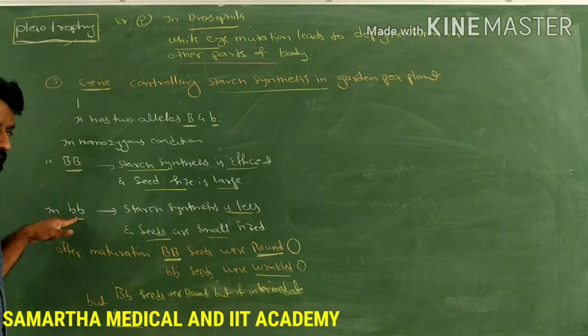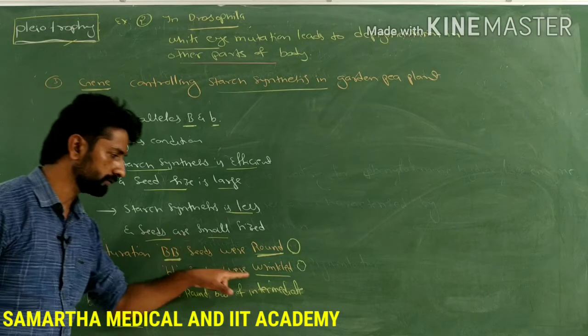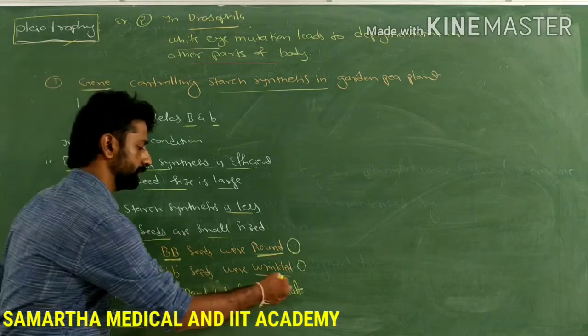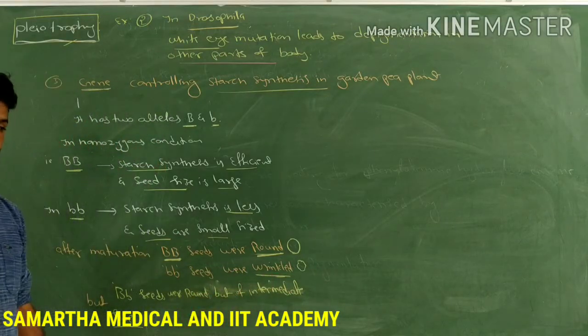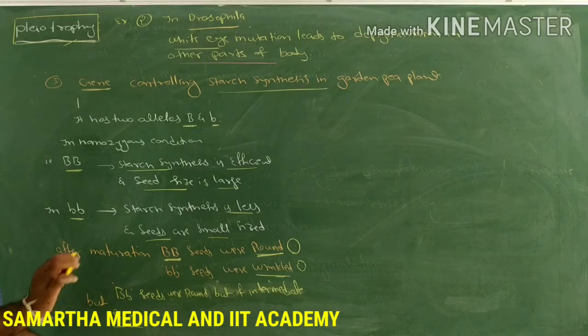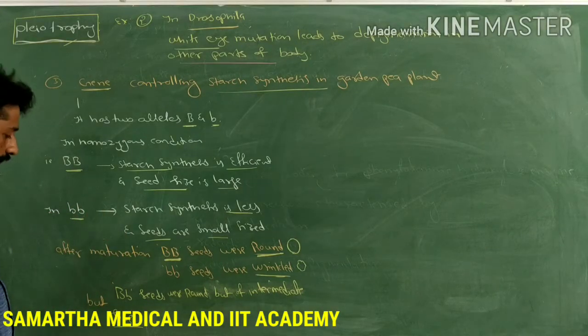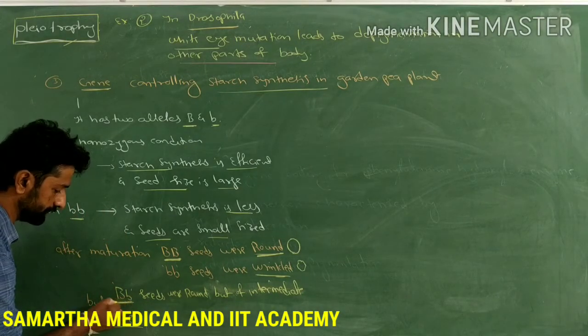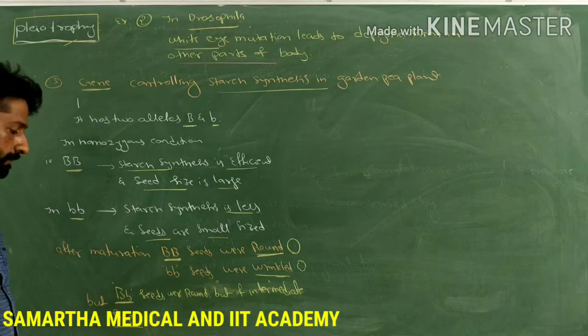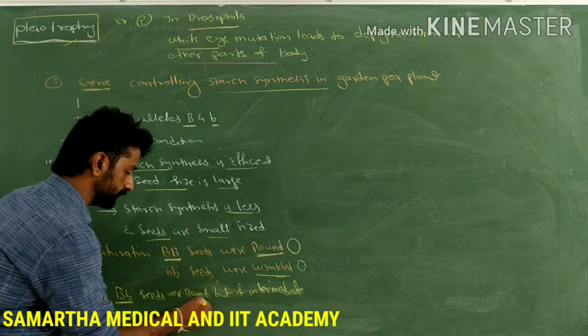But in the homozygous condition of the recessive allele, small b, the seeds become wrinkled after maturation. But when the heterozygous condition is considered, capital B with small b, then seeds are found to be round only.